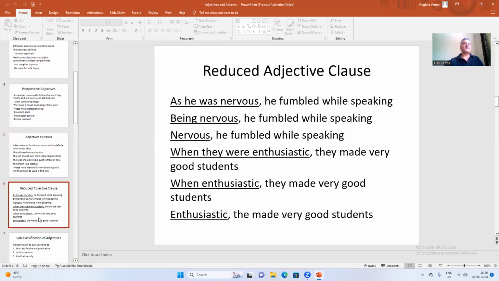Now let's come to the next slide. This deals with the reduced adjective clause.